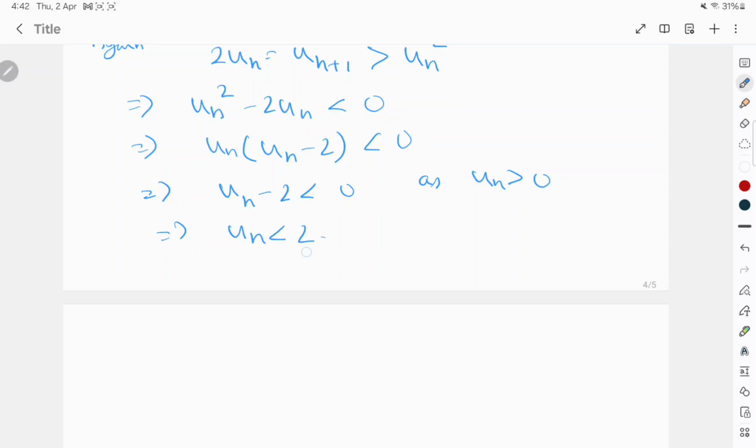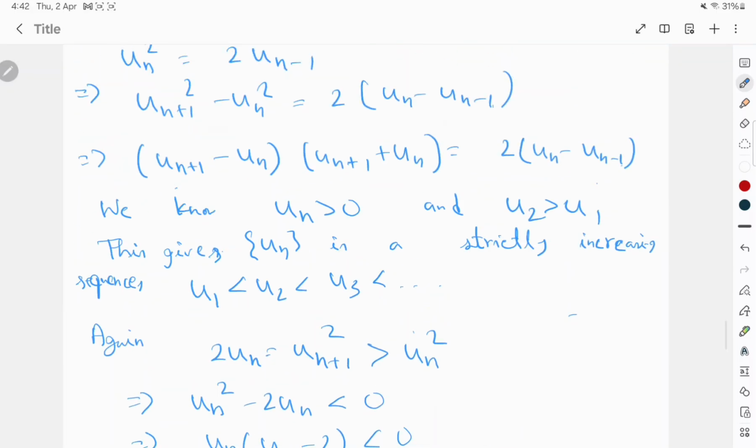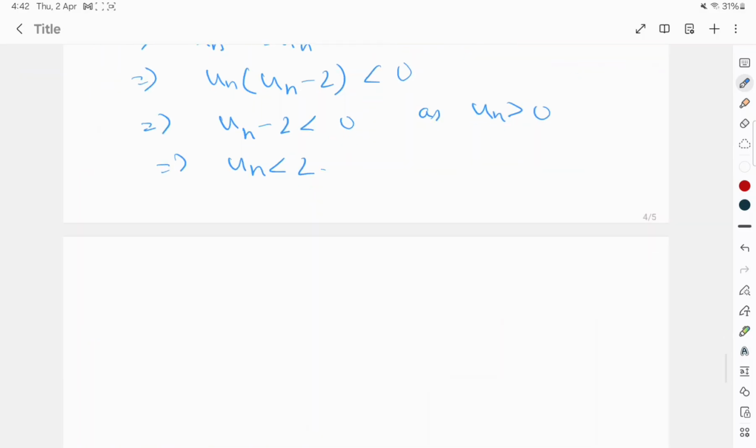So what you are getting is a strictly increasing sequence whose value is always less than 2.